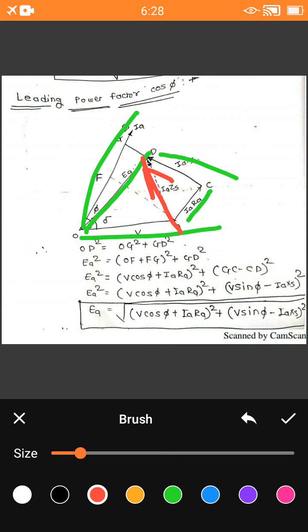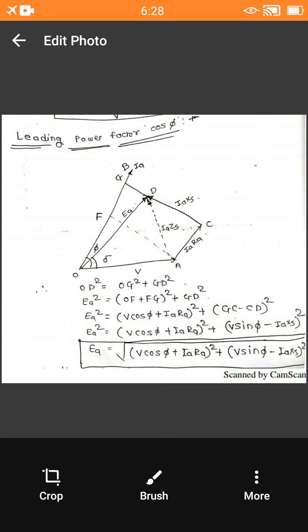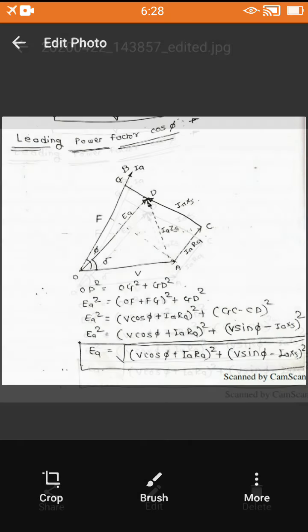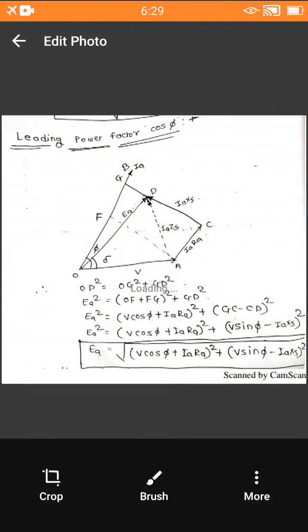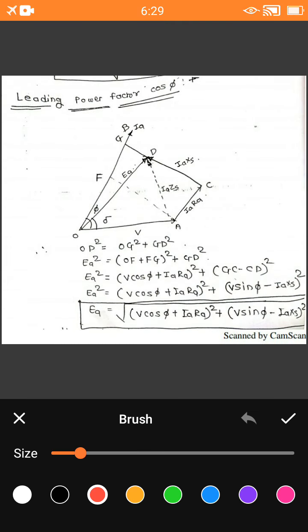So for the sake of understanding, we are finding the value of OD. So according to trigonometry or basic fundamentals, the OD square is equal to OG square plus GD square. So basically the value of OG square plus GD square will give you the value of OD, because we want to find out the value of Ea square.